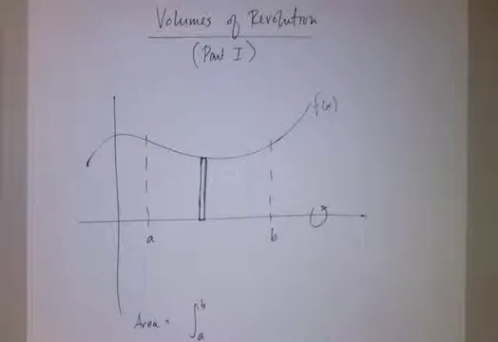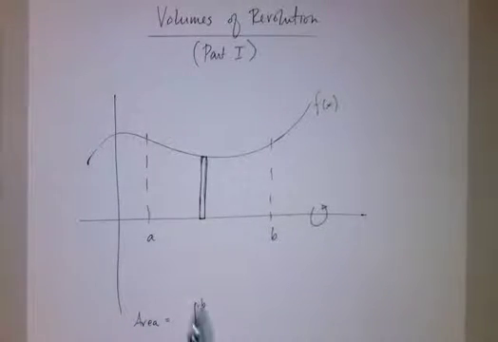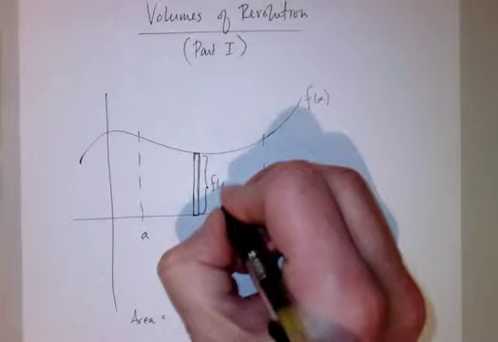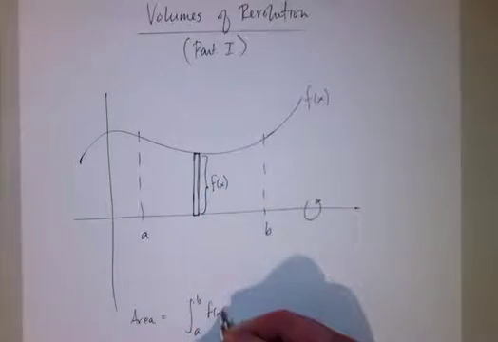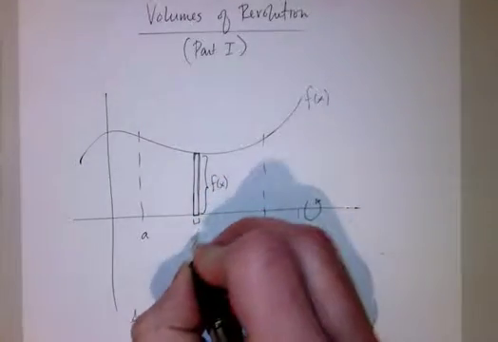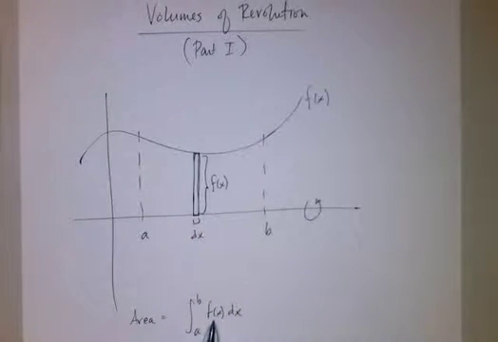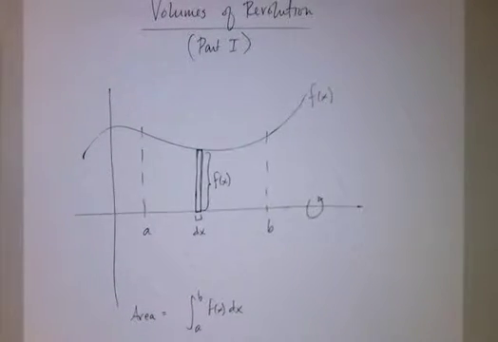Remember, there's a reason why the integration symbol looks like a big S. You were summing up from A to B the infinite number of cross sections that had a height of f of x and a width of dx, right? So this was height times width. And basically, this represented any and all of the infinitesimally thin cross-sections from A to B, and then you were just summing them up, okay?